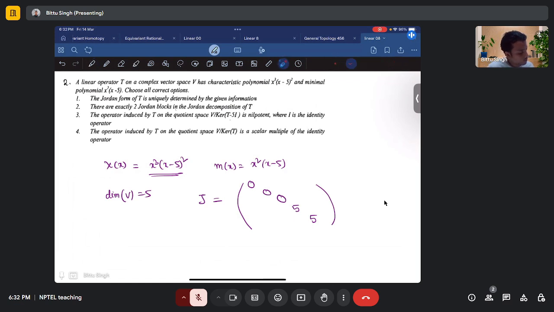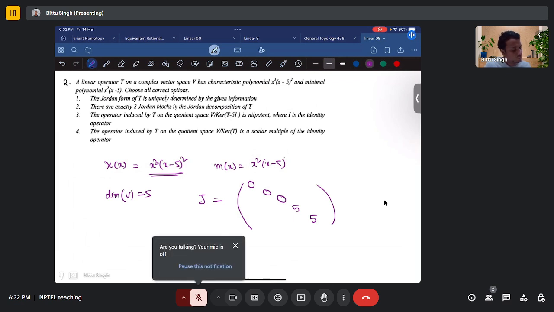Now from the minimal polynomial, it is clear that the factor x minus 5 has degree 1. So the Jordan blocks corresponding to 5 will be only 1 by 1. The largest size of Jordan blocks is 1, right?